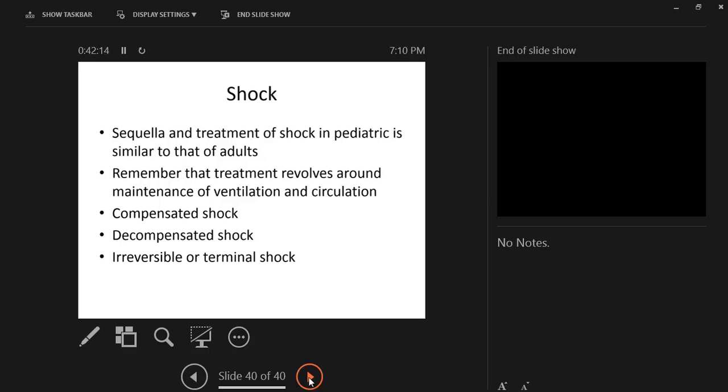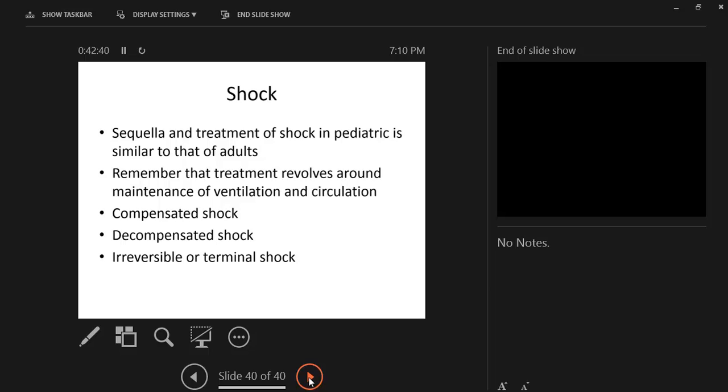You remember that treatment revolves around maintenance of ventilation, circulation, the airway, and then get the IV in, and then antibiotics, getting them warm. If they have to have blood, they might even give blood that's been warmed. Positioning, making sure they're in a position of comfort, and also able to breathe normally.